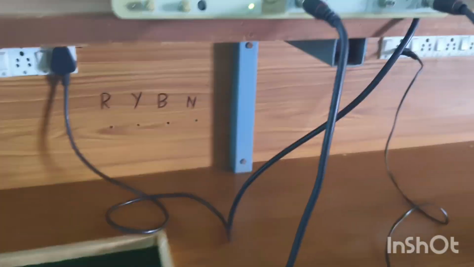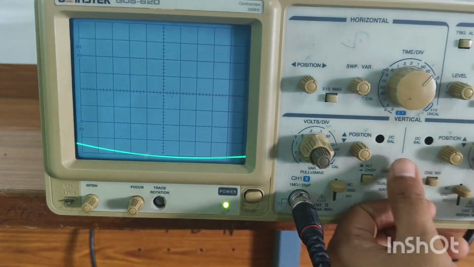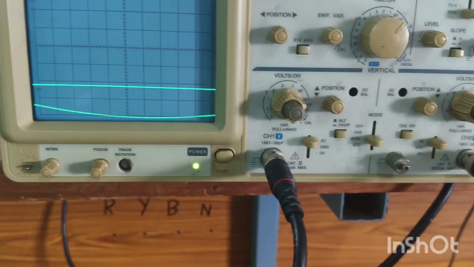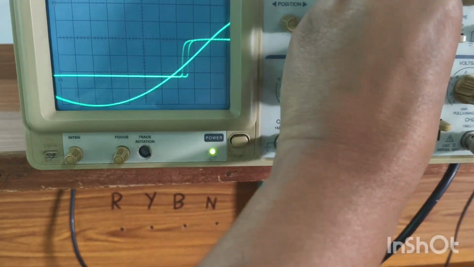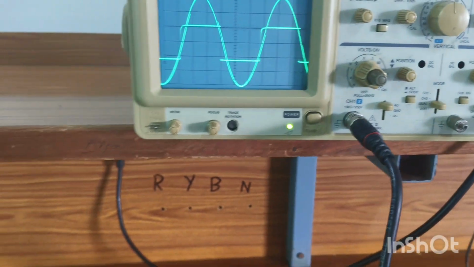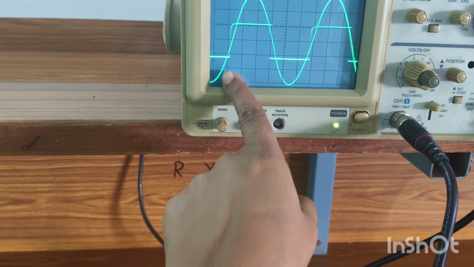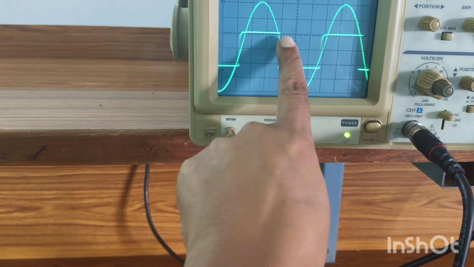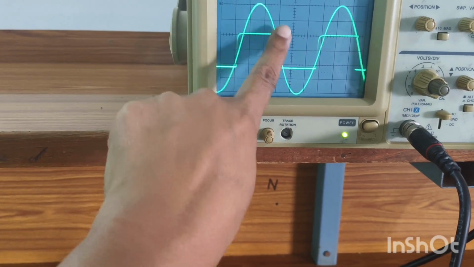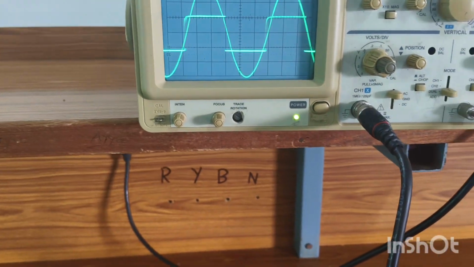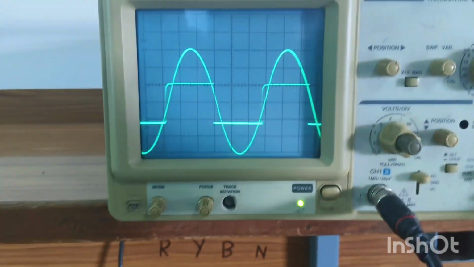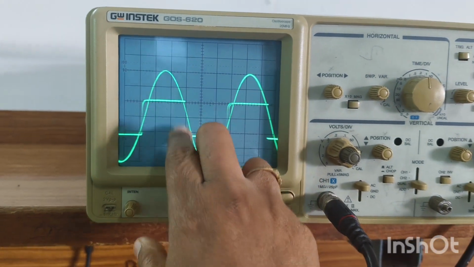So first of all I need to go for dual mode. See, whenever we have an increment in the amplitude, we will get DM as 1. Whenever we have a decrement in the amplitude, we will get symbol 0. Or you can take this one as positive and this one as negative.